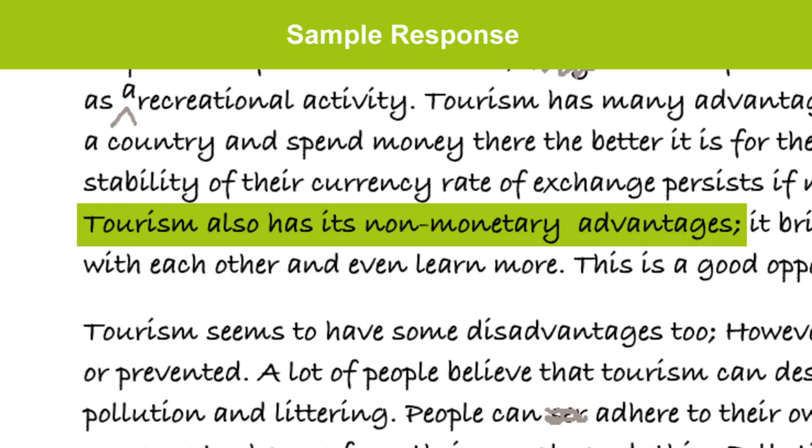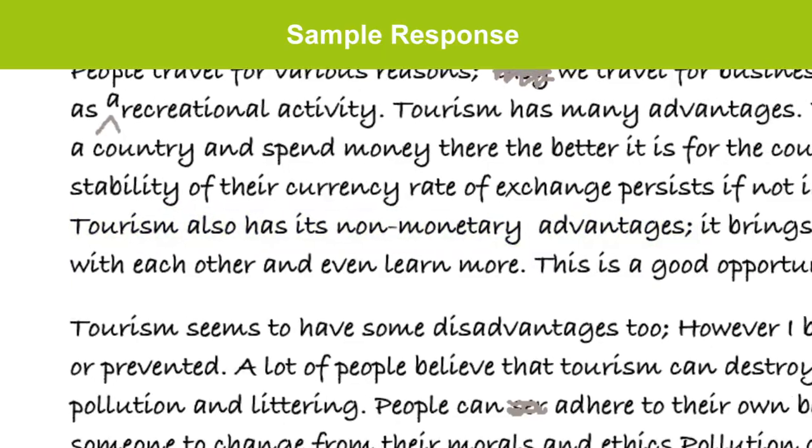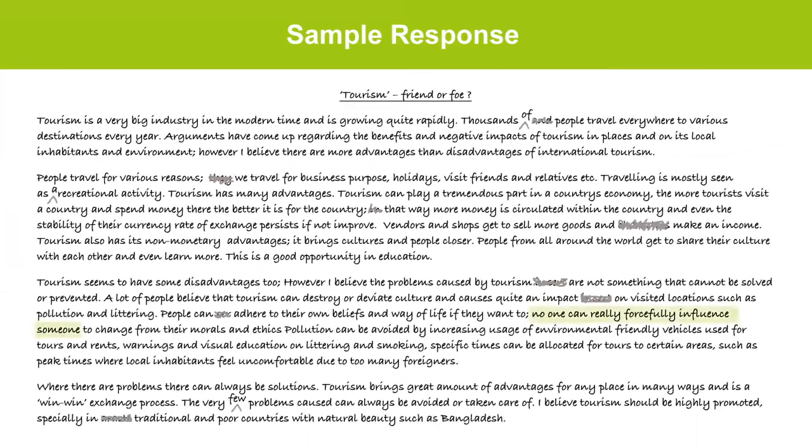The answer also has good use of collocation, which means words that go together and sound correct to native English speakers. No one can really forcefully influence someone. Here, forcefully influence is a good collocation. There are a few word choices that aren't appropriate, but these are only occasional, and examiners didn't feel that it lowered the mark for this criteria.